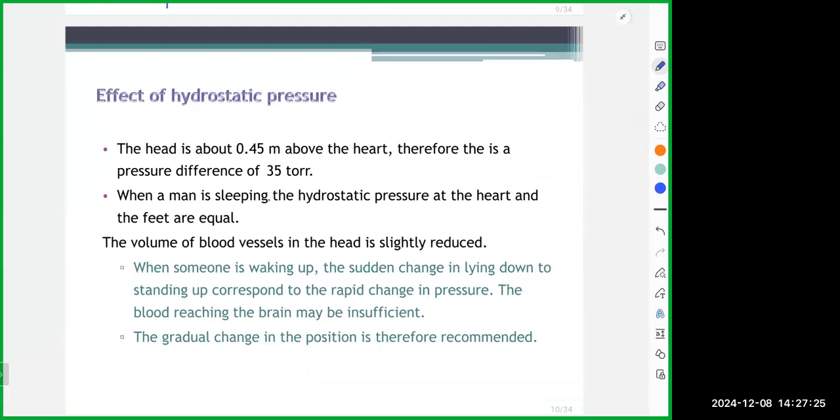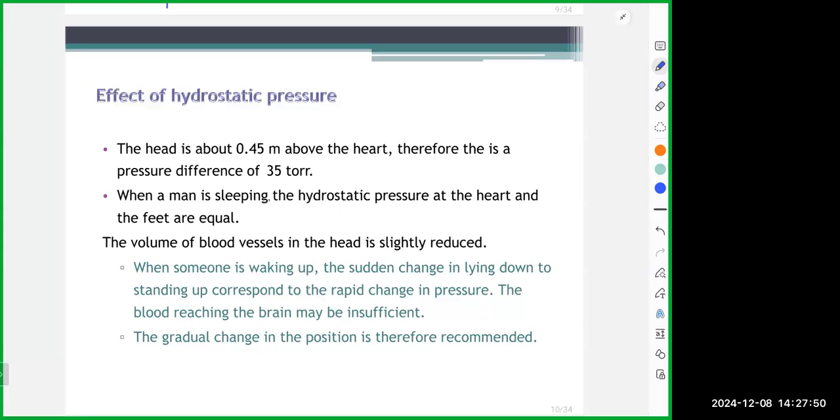Then, if a human is lying down or sleeping, the hydrostatic pressure at the heart, feet, and head will be equal. The volume of blood vessels in the head is slightly reduced because of the pressure change.